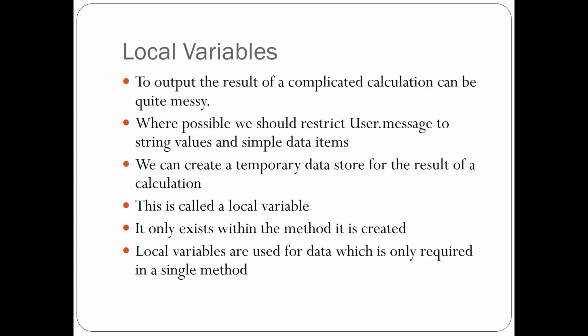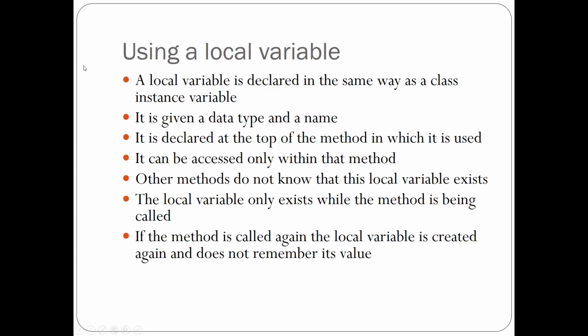So we can use a local variable in the same way as any other standard variable. It gets a data type, it gets a name, we declare it at the top of the method where it's used, and it can only be used in that method. In fact, all the other methods won't even know it's there, because by the time the method has finished, it gets deleted.